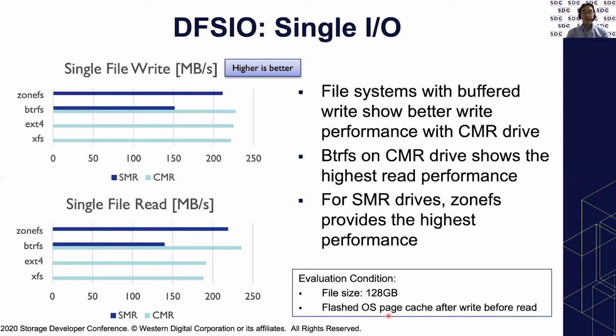In this page, these 2 charts show the DFSIO results, which measure the write and read throughput of a single file with size 128 gigabytes. The OS page cache was flushed after write benchmark run and before read benchmark run. Then this read benchmark result does not reflect buffered I/O benefit.